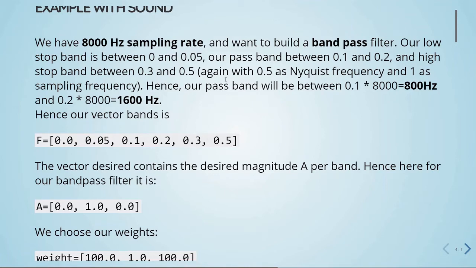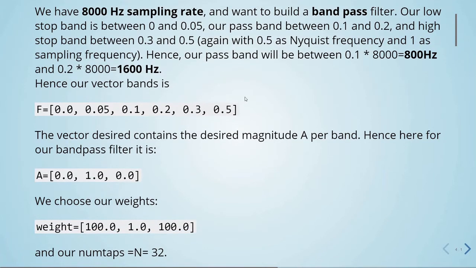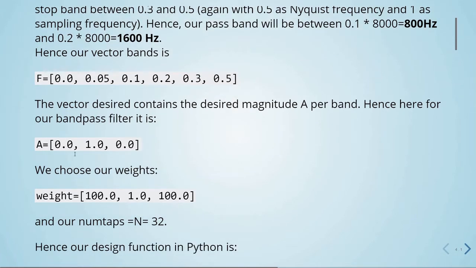So we're defining our low stop band, our pass band, and our high stop band. We can also have the desired magnitude per band, and here we have, for example, 0, 1 and 0. So 0 for the low stop band, 1 for the pass band, and 0 for the high stop band.